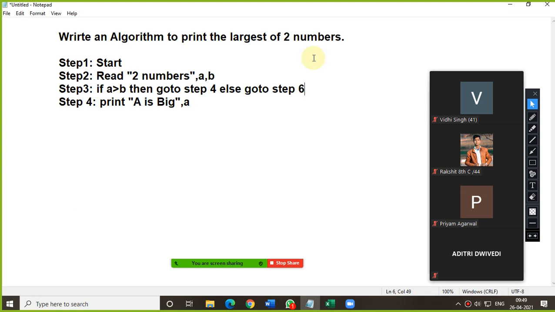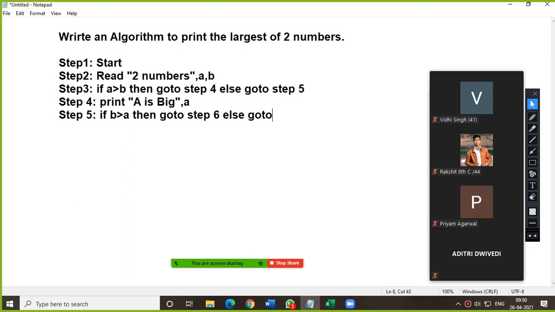So after that, what are we supposed to do? We are supposed to go to step 5. Now see here, we are putting a condition. If B is greater than A, then go to step 6.